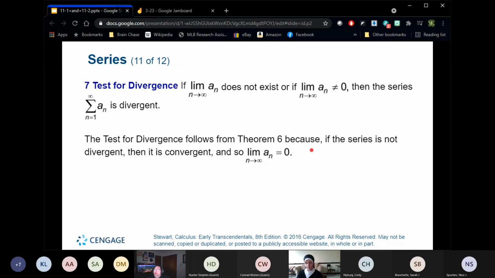One thing we can do, though, along those lines, is if my limit doesn't exist, or my limit is not 0, then I do know that my series is divergent. This is known as the test for divergence. If I know that the limit doesn't go to 0, or I can't find it, then I automatically know that the series is divergent and I can stop right there. I don't have to do any calculations for it.